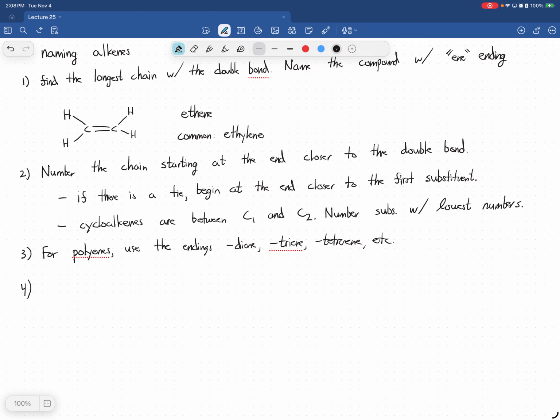So there's polyenes, and then the alkenes. We named them and numbered the substituents similarly to how we did for alkanes.